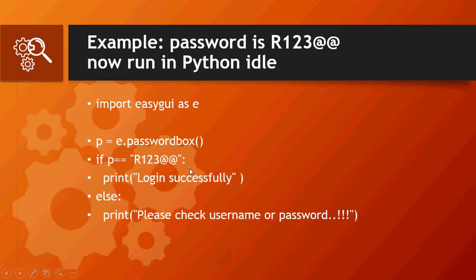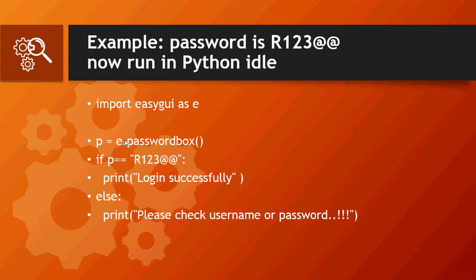After the installation, you can import easygui. In my coming videos, I will discuss easygui. It is a very interesting library or module. Now suppose our password is r123@. I'm not going to take a username here, I will explain why later.